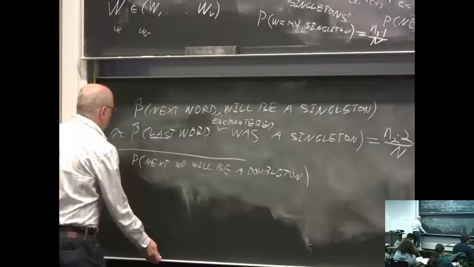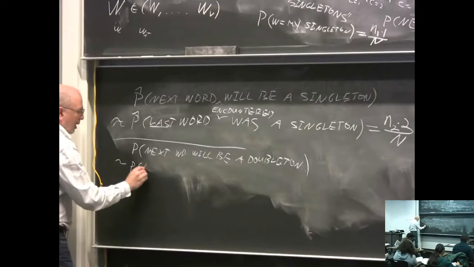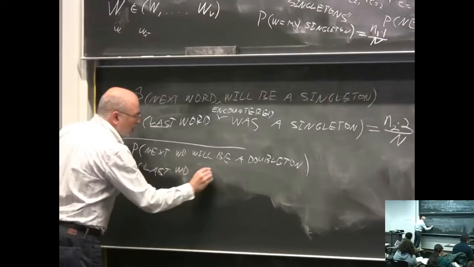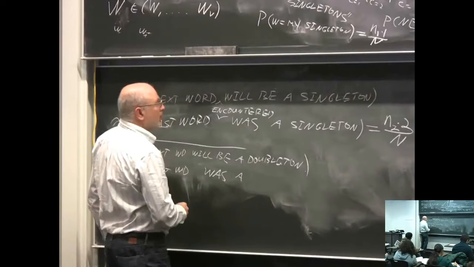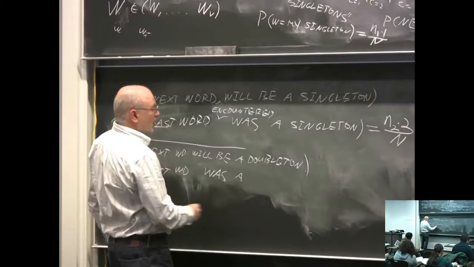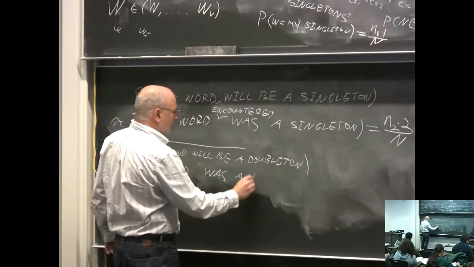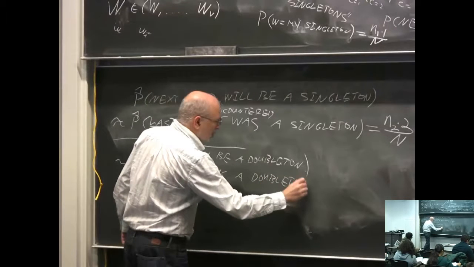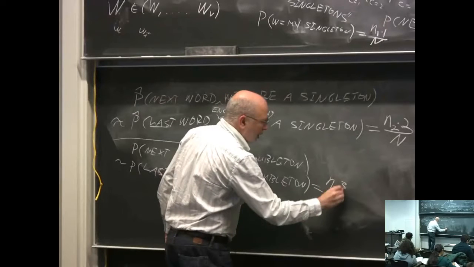And I'm going to approximate this similarly. It's about the same as the probability that the last word encountered was a doubleton. And the probability of that is n sub 3 times 3 divided by n.